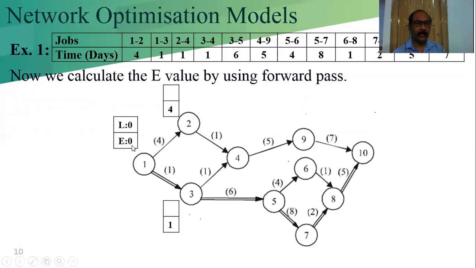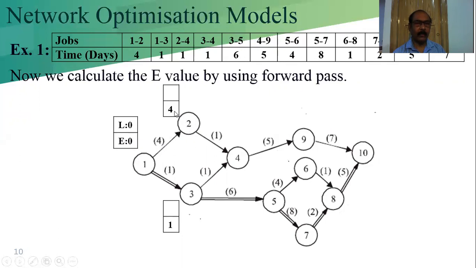Since it is the start, we consider the early start, that means E1 is equal to 0. Now we calculate the E value at node 2. That means 0 plus 4 equal to 4.